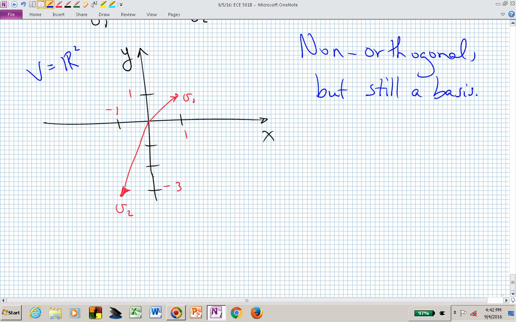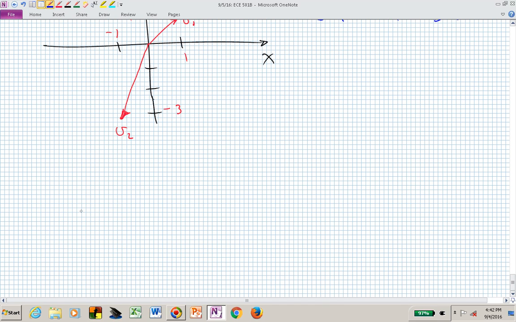Meaning we can now uniquely represent any point in R2 in our vector space V by a linear combination of V1 and V sub 2. If we go back to our previous arbitrary point of 1, 1, now we want to scale V1 and scale V sub 2.